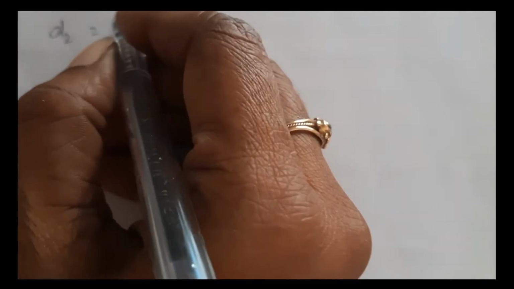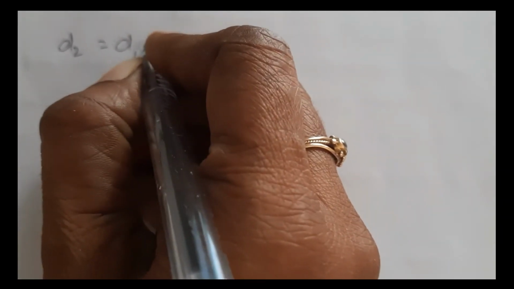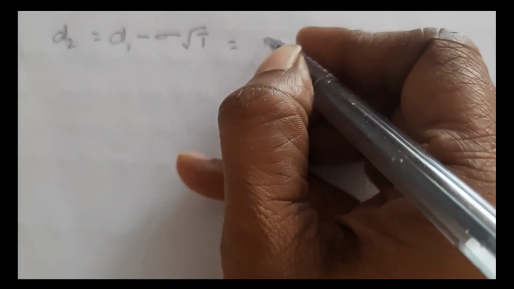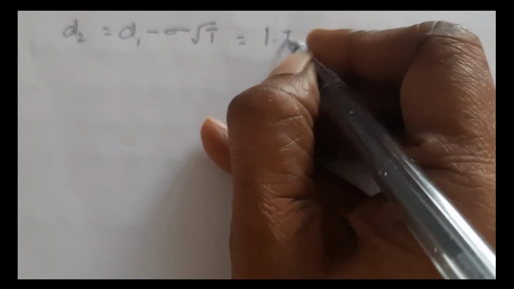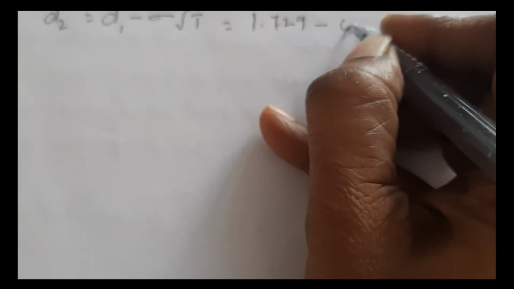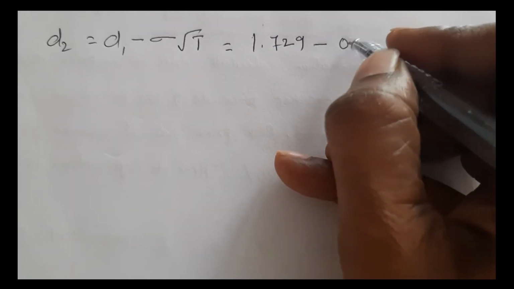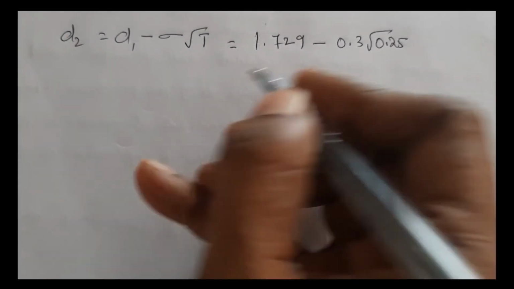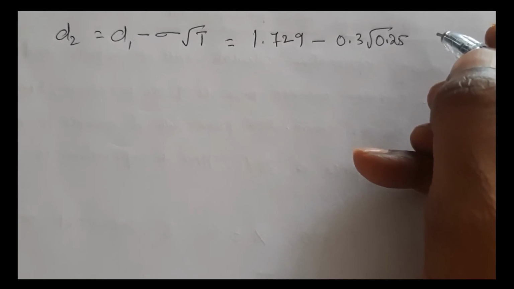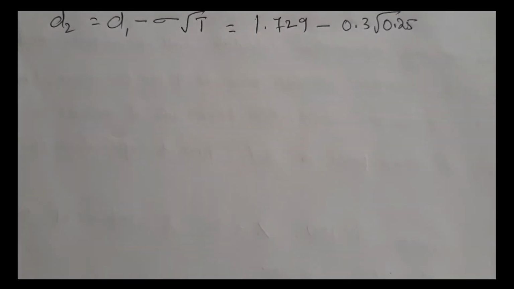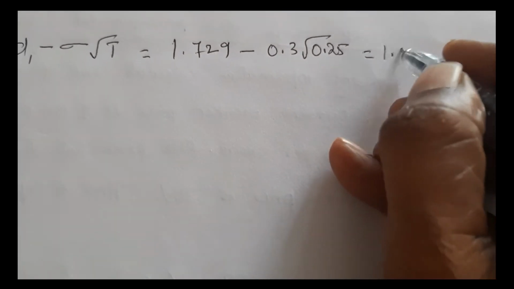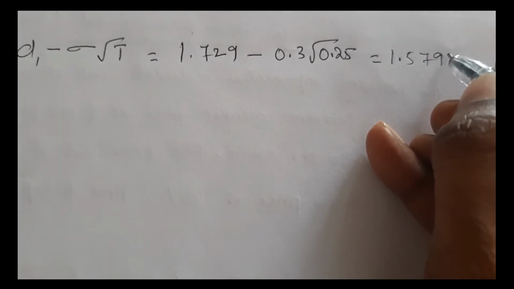Formula is d2 is equal to d1 minus sigma square root T. So d1 we got 1.729 minus 0.3 into square root of T, which means 0.25. Then we will get 1.5793.